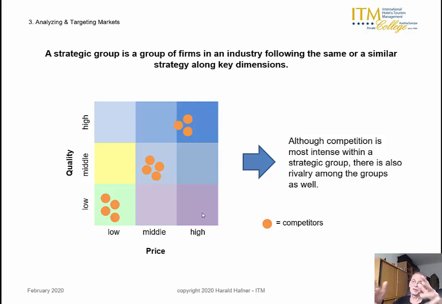Just think of conventions, conferences, trade shows, where there are high demand periods in a location. Then, of course, low quality hotels also move into high price. We call it a rip-off strategy, actually. But again, it is there to generate profits in the short run, but it's never a strategy for the long run.